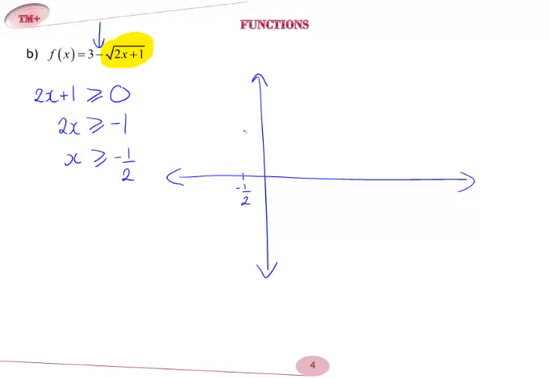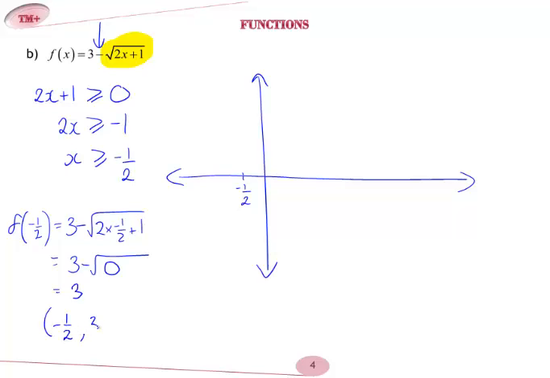So if I substitute x is negative a half into my function, I want to work out what f of negative a half is. That's going to be 3 minus the square root of 2 times negative a half plus 1. 2 times negative a half is negative 1. Negative 1 plus 1 is 0. So your answer is 3. So the point is (negative a half, 3).